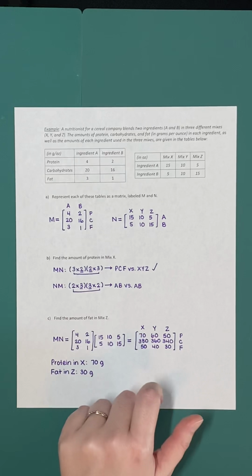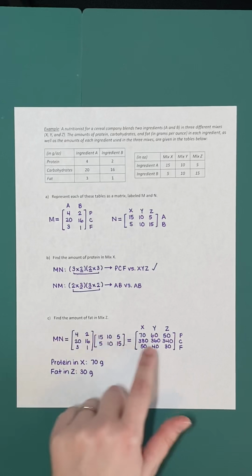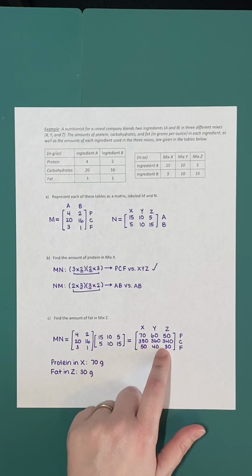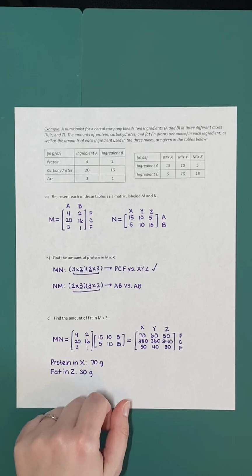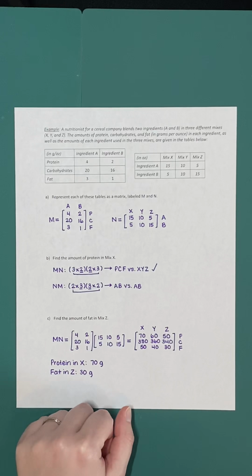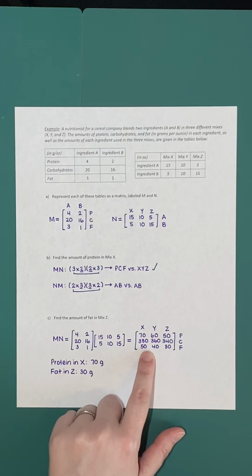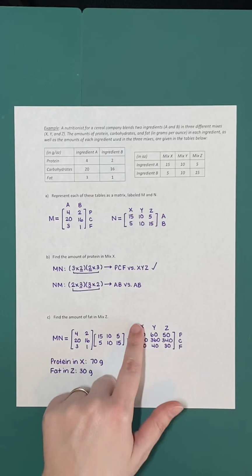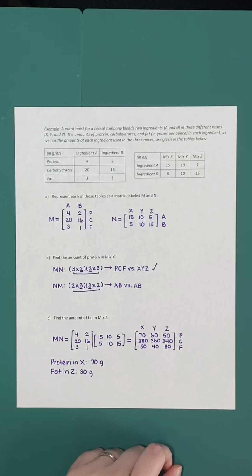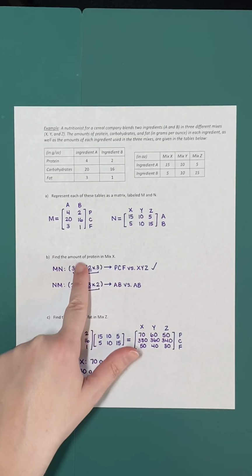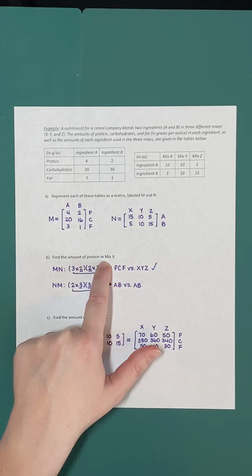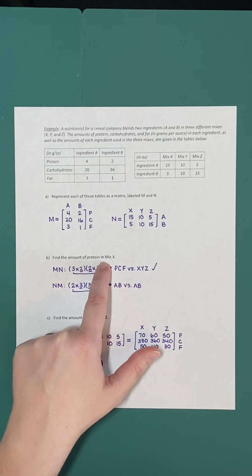So you might want to take a second, pause, make sure you can do this multiplication and you end up with these values. Keep in mind, you can do the individual multiplications in a calculator. That's not a problem. That's perfectly fine. These should be the particular elements you get. The labels are going to tell us what we're actually looking for at that point. So we were looking for two different values. We wanted the amount of protein in mix X. Okay, so I'm going to base what I'm looking for on my labels.